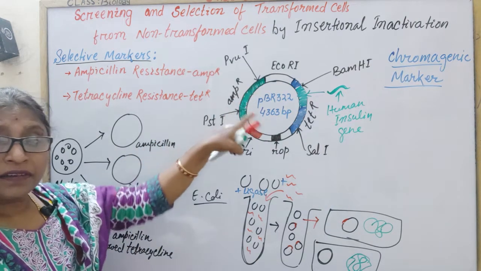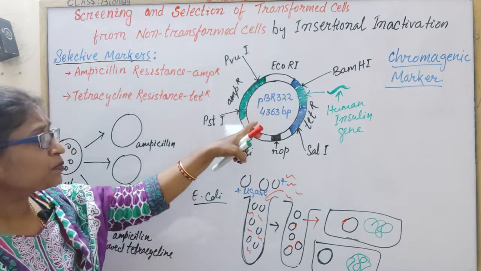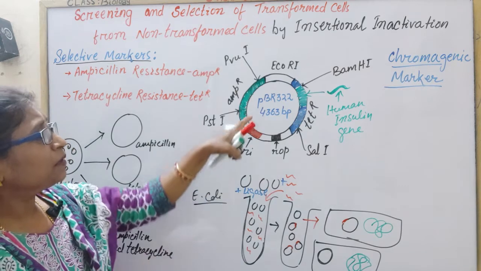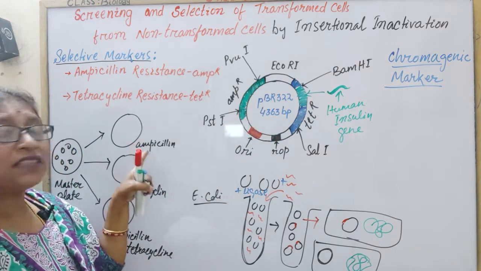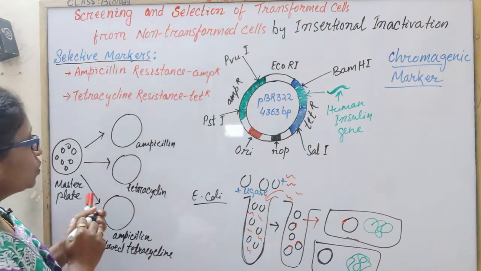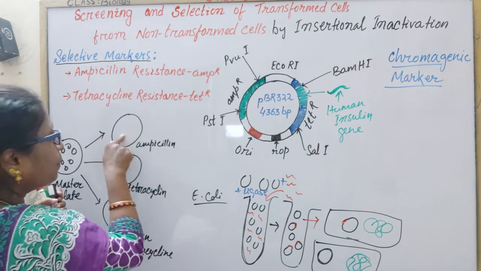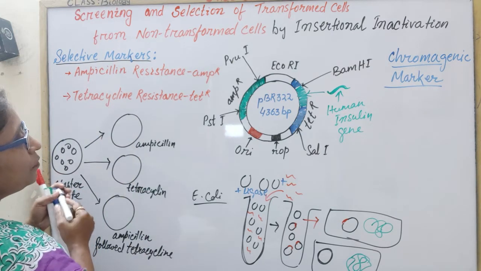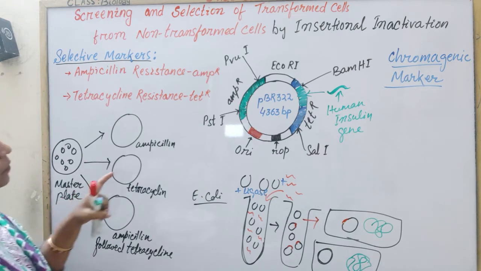The transformant cells containing the R plasmid can survive only in ampicillin, not in tetracycline. So those who are surviving in the ampicillin, and ampicillin sensitive.